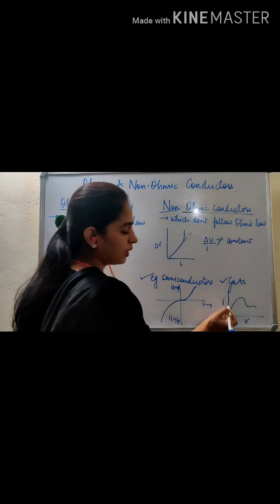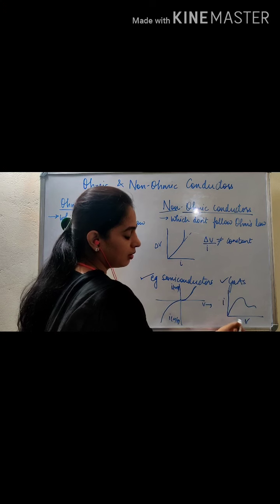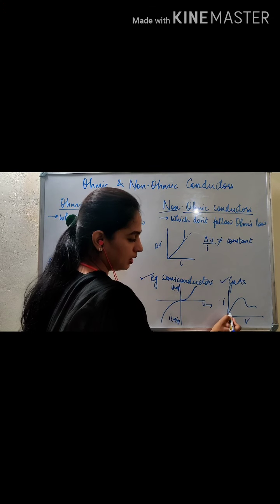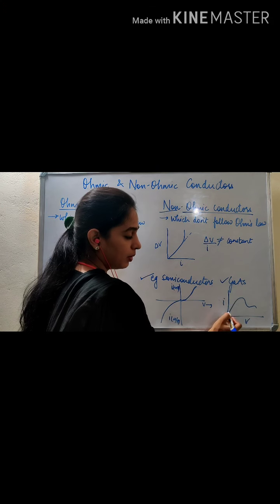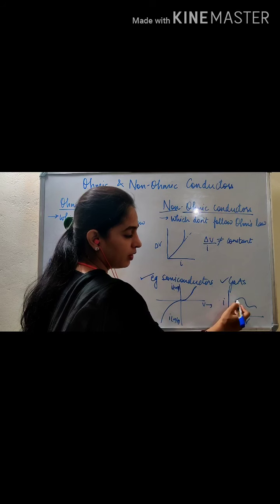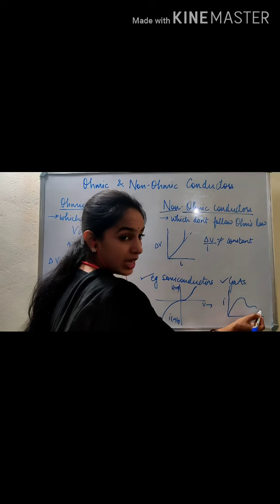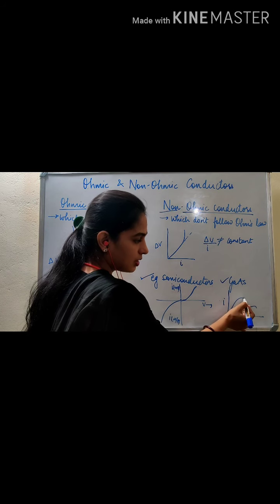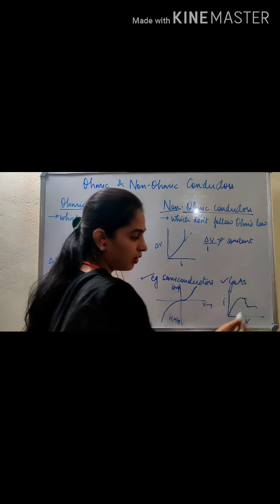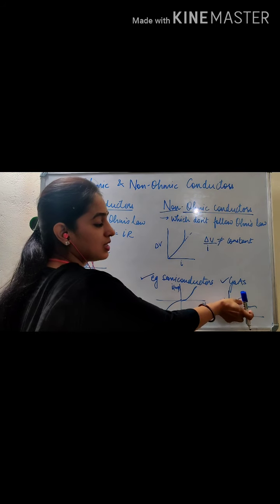So here you can see that current and potential are initially directly proportional to each other, a straight line graph. Then there is a saturation point, and then the current goes on decreasing as you increase the potential. So in this portion of the graph, you can see resistance is negative.